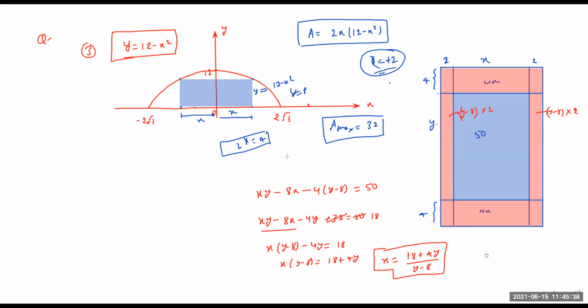The total area is x into y. So I can write x as 18 plus 4y upon y minus 8, into y. And I want to minimize the area, so I will differentiate with respect to y. So we can use the quotient rule.